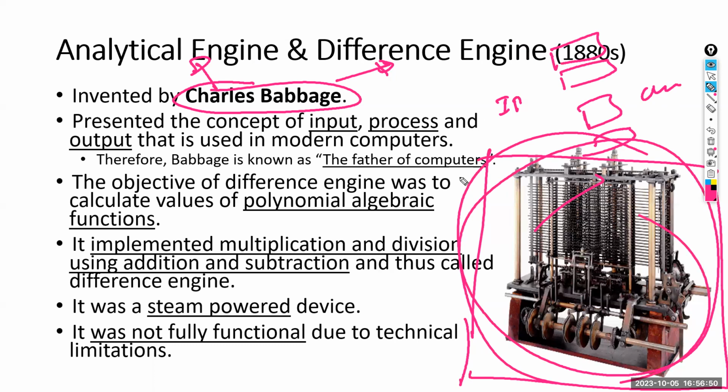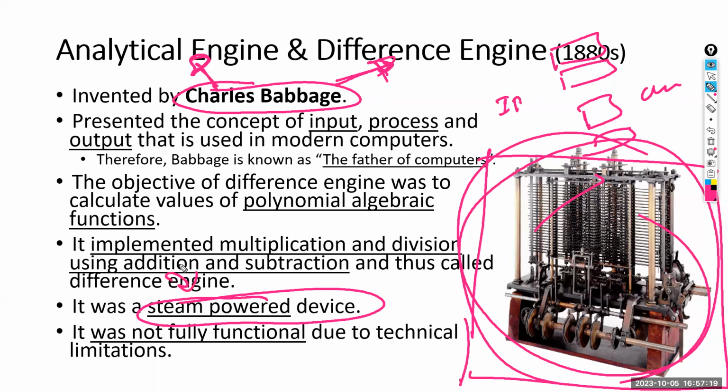Actually, he developed two machines. The first one is called analytical engine. The second one is called difference engine. And not only that, he automated the process by using steam power. You know that even in Sri Lanka, when the trains and the cars first came, they were powered by steam.